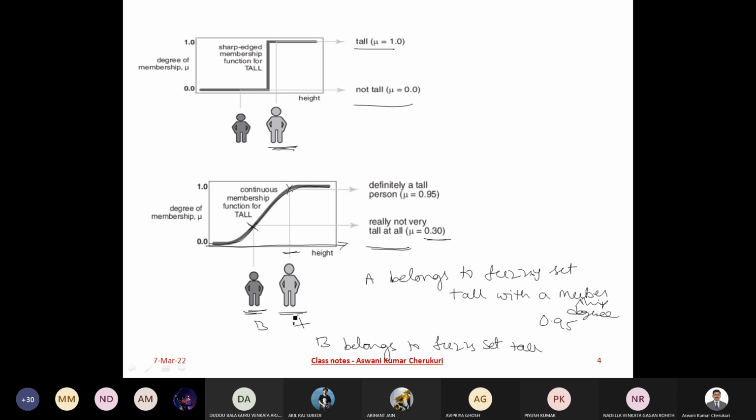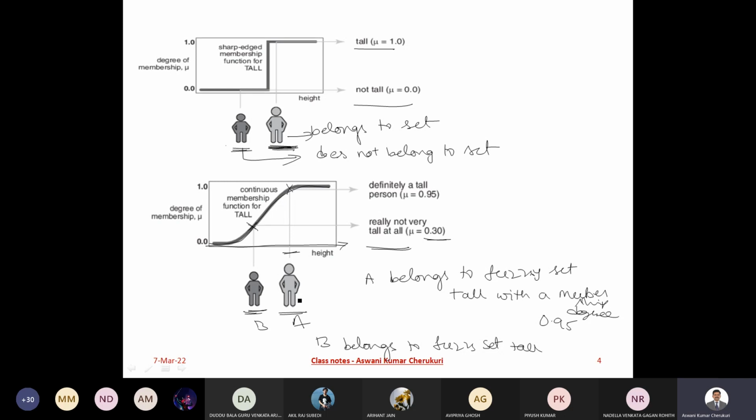If you look at the previous scenario, this A belongs to the set and this B does not belong to the set.